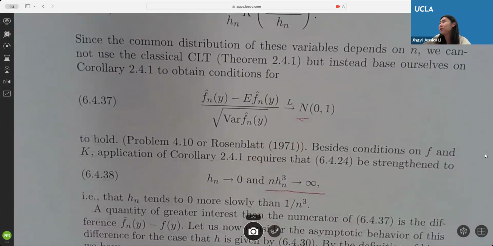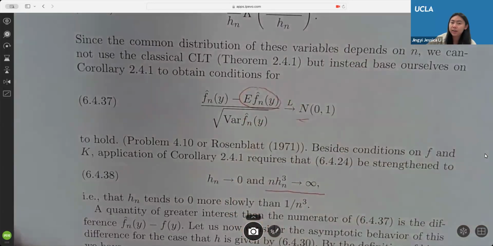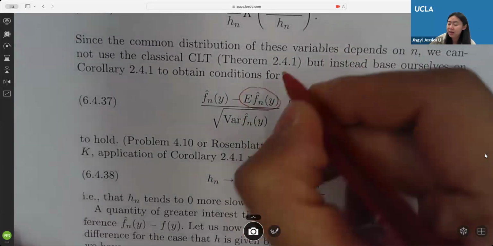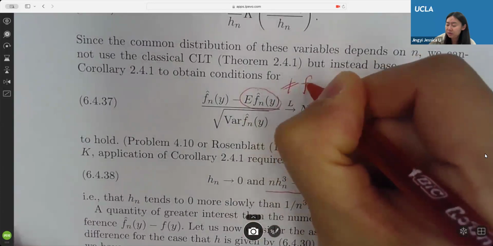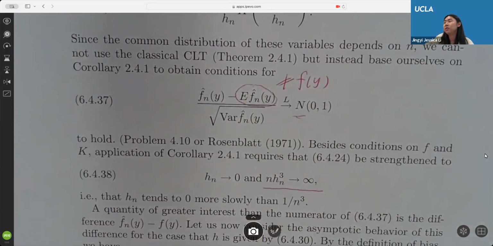This is just to ensure that you have more sample to support the central limit theorem. But just know that what we have put here is the expectation of fn hat at y. It does not necessarily equal f of y. So in other words, the central limit theorem is just saying that the estimator has asymptotic normal behavior around its mean, its expectation.